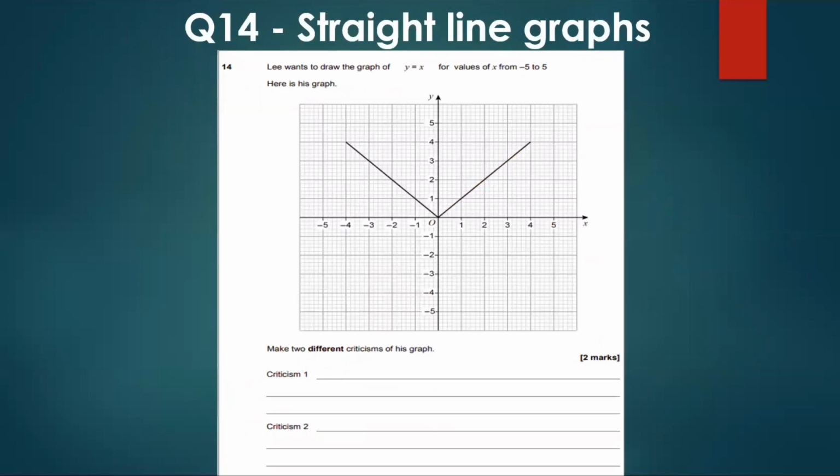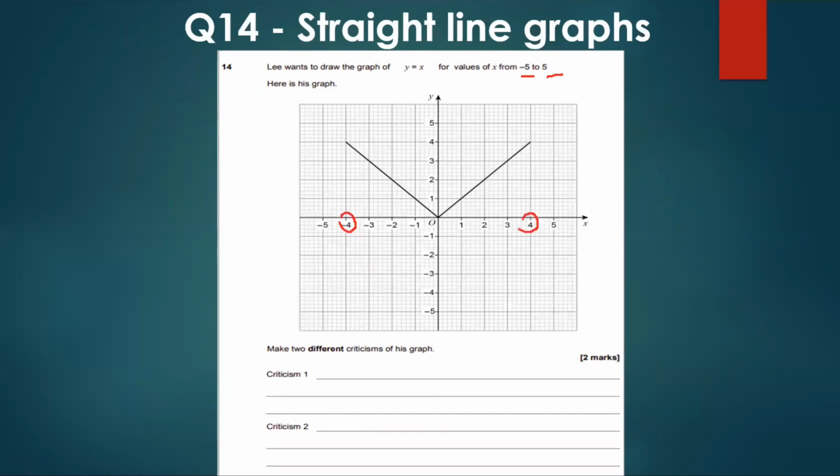Question number 14. Lee wants to draw the graph y equals x for the values of x from -5 to 5. Here is his graph. Make two different criticisms of his graph. Well, the first one is it's saying from -5 to 5, but Lee's gone from -4 to 4.